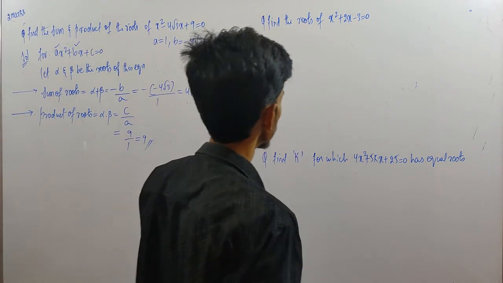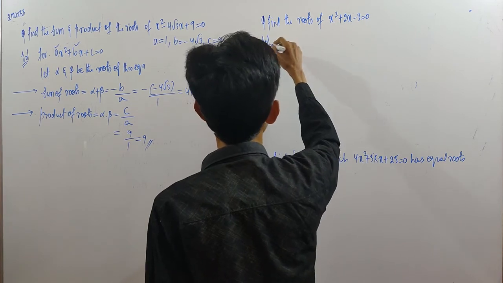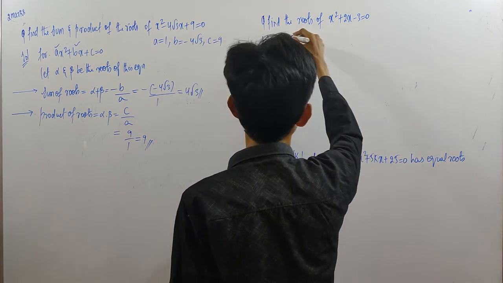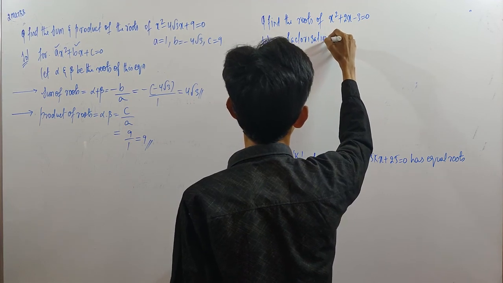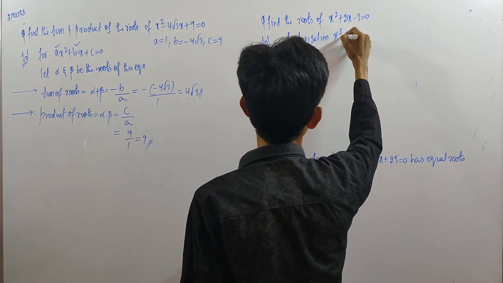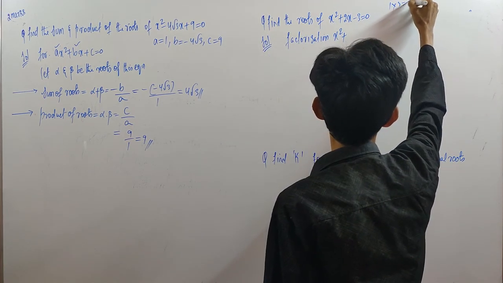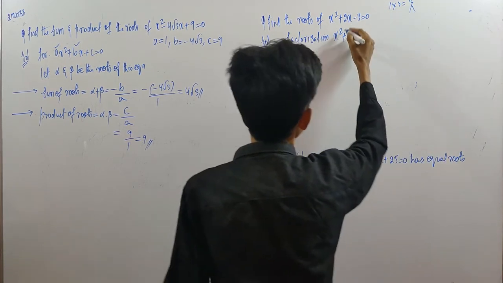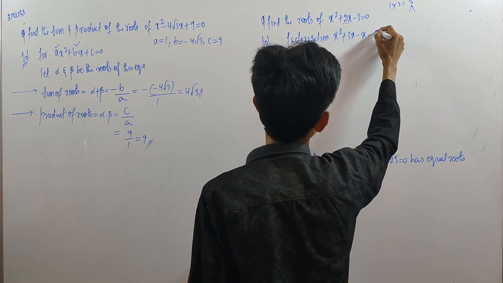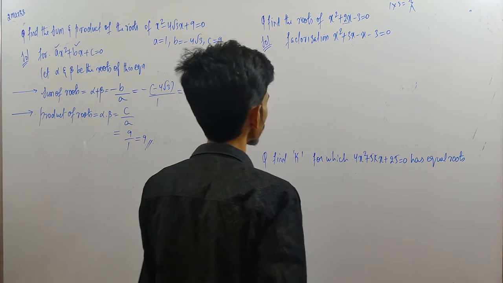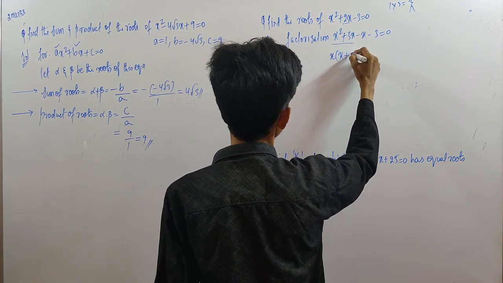Find the root of this equation. We have been given a quadratic equation. We can find the roots by factorization. Write down x square as it is, 1 into 3, that is 3. So 2x can be written as 3x minus 1x equal to 0. Take common, we have x square, x plus 3.